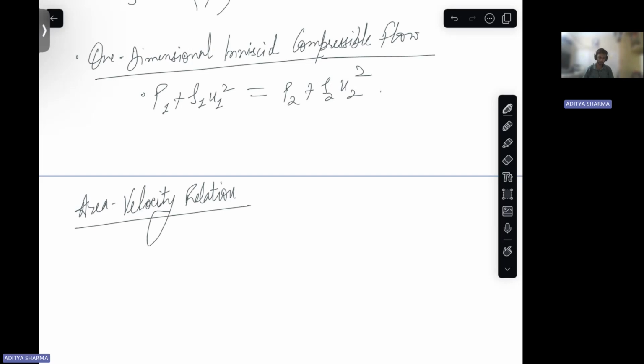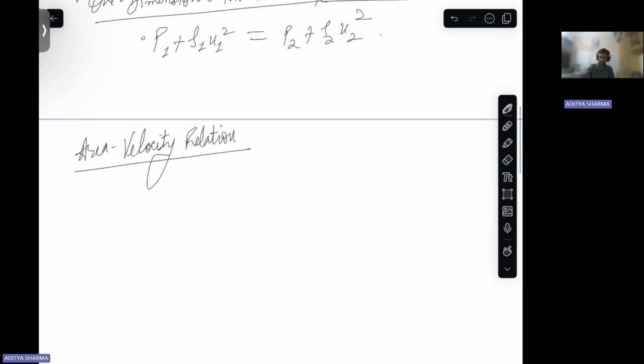I'll just write down the final expression, which is dA by A equals (M squared minus 1) du by u.